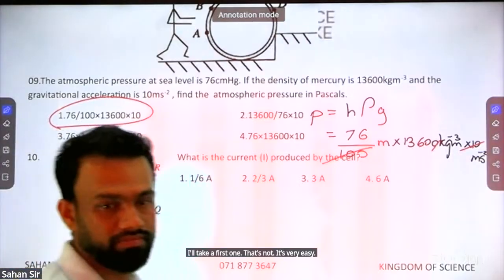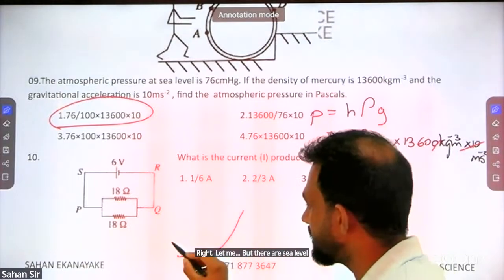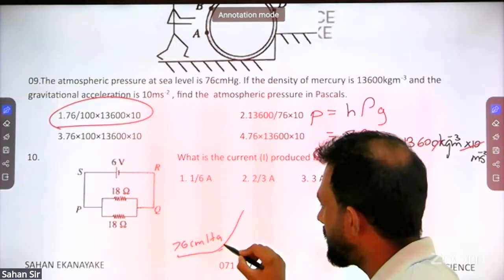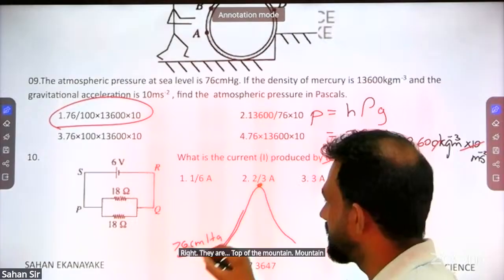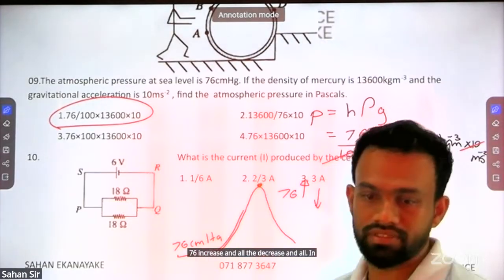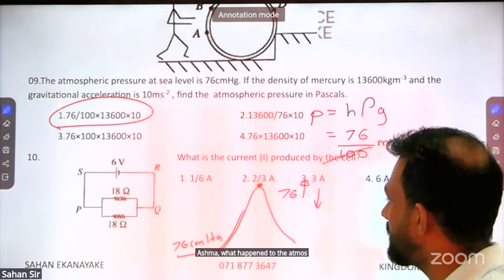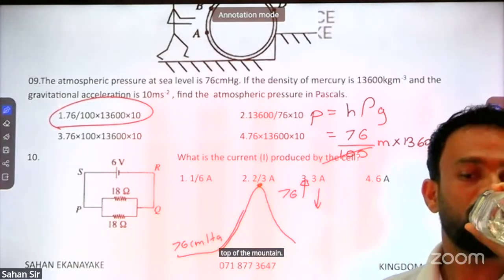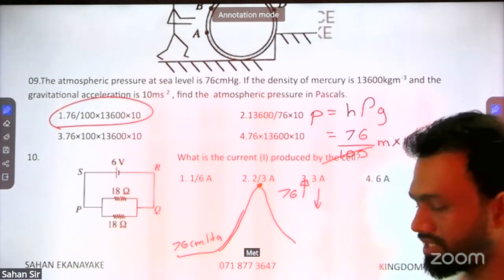Right. With me. But sea level again is 76. Right. We are at the top of the mountain. Mountain එකට ගේනවා. Then what happened? 76, increase or decrease? Ashmal, what happened to the atmospheric pressure when we consider the top of the mountain? 76 centimeters මොකද වෙන්නේ?